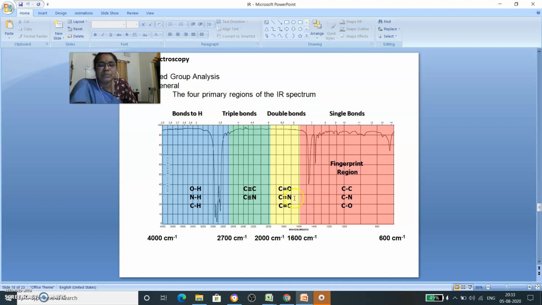Right? Double bonds will range from 1600 to 2000. From 2000 to 2800, we are going to notice the triple bonds. From 3000 to 4000, we are going to notice the hydrogen bonds. This is very, very important.